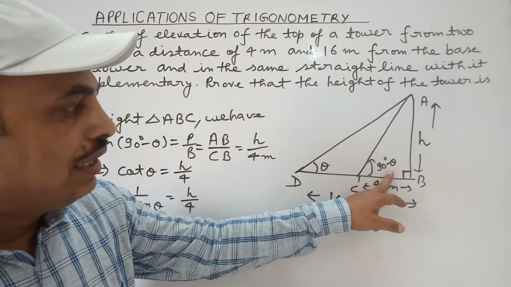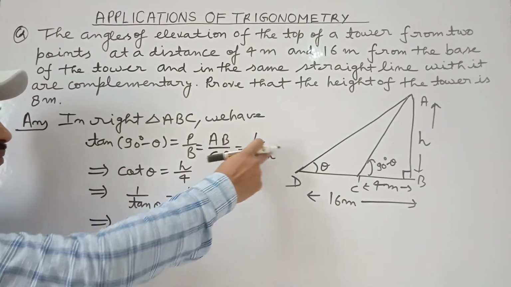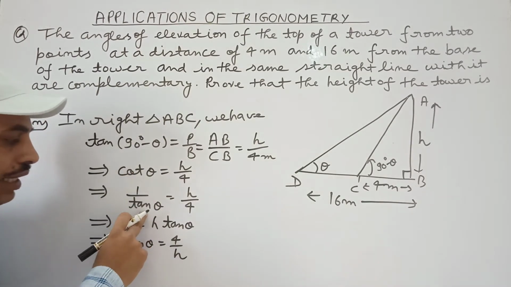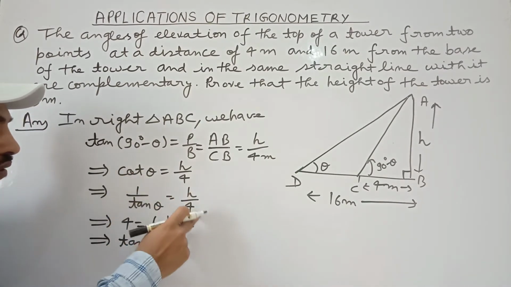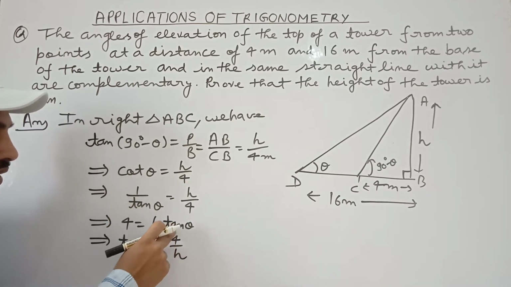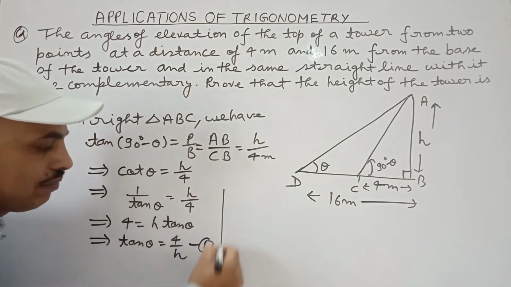Tan 90 minus theta is cot theta. Cot is reverse of tan, so 1 upon tan equal to h upon 4. 4 into 1 is 4, tan theta into h is h tan theta. So tan theta equal to 4 upon h. This is equation number 1.